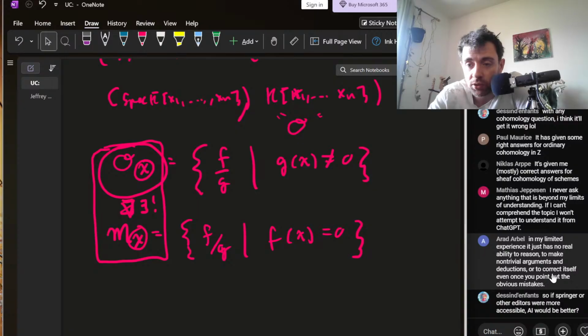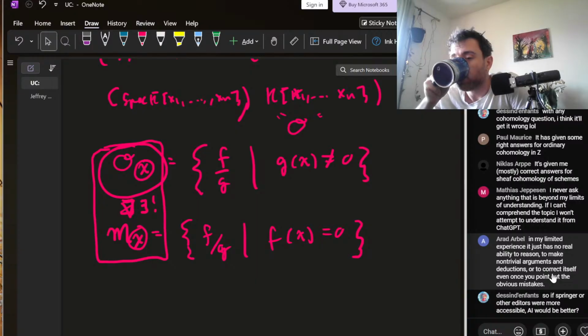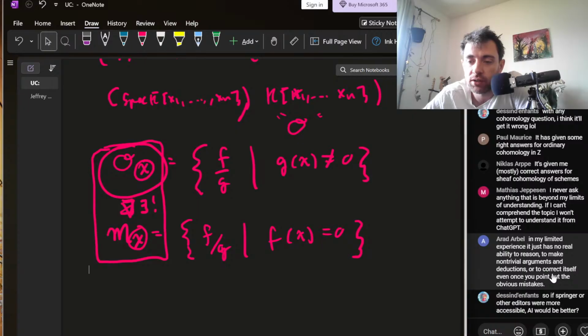In your limited experience, it just has no real ability to reason. Yes, that's true. To make non-trivial arguments and deductions, or to correct itself once you point out the obvious mistakes. Yeah, that is true. All it can do is collect information from other people.